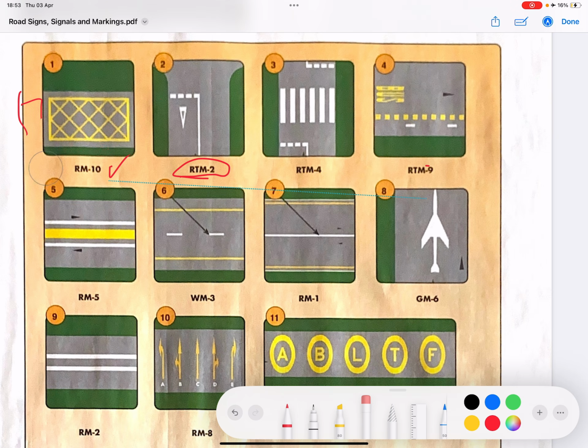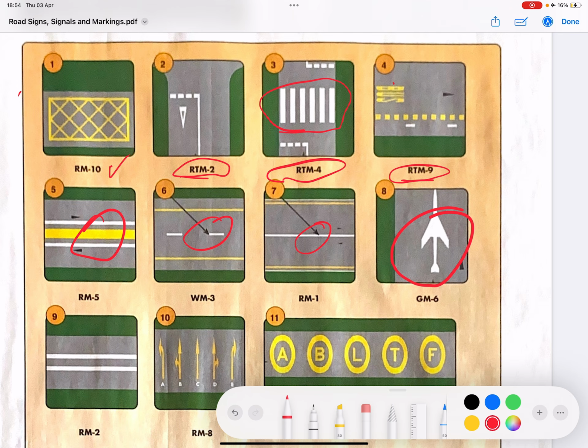And then you have RTM2, the yield line marking. RTM4 is block pedestrian crossing. RTM9 is a bus lane, painted island, the dividing line, and this one is the no overtaking line. And this is airplane mode. I'm kidding. It's the guidance sign for airport direction.